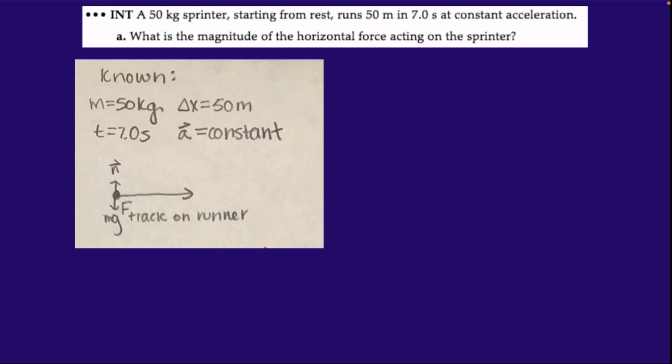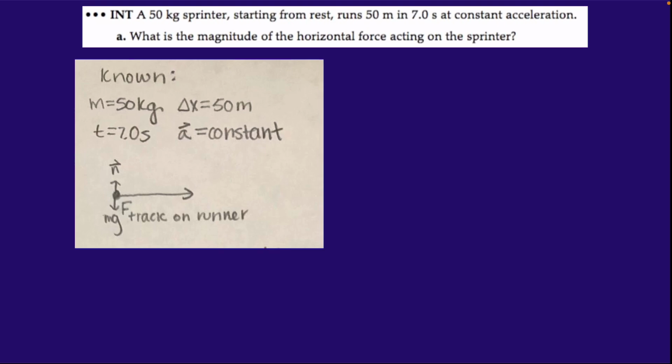So the problem is asking specifically about horizontal force. While I have indicated normal force and gravity, which are going to be pretty weird in a running situation, we can just ignore them and look at that horizontal force, the force of the track on the runner. That is actually a reference to Newton's third law.